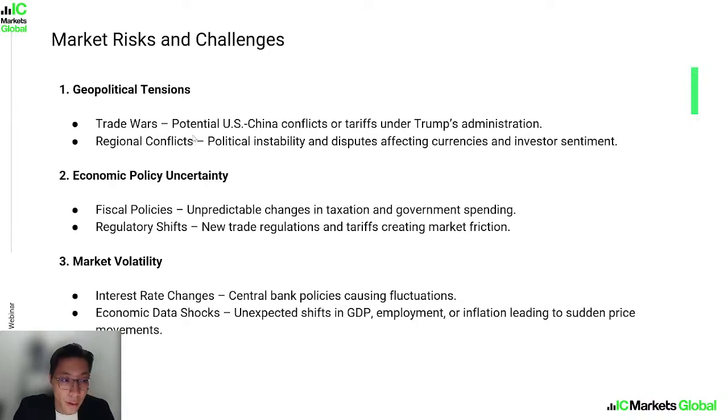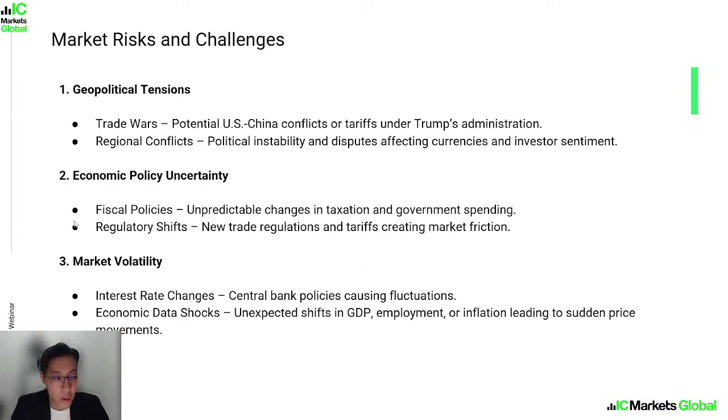Okay, so the next thing is economic policy uncertainty. We have unpredictable changes in government spending, etc. This is not very important. Usually I just look at Forex Factory and see what changes there are in the policies and in the markets, which might cause the markets to have a drastic change.